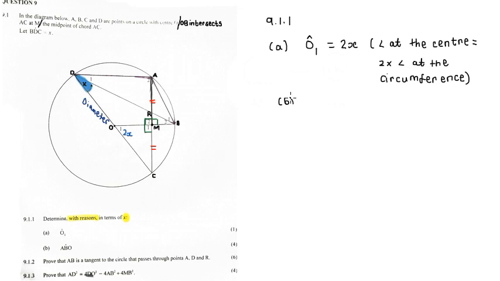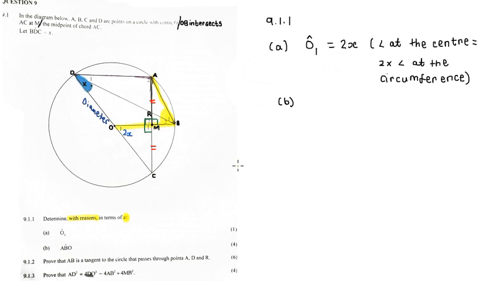9.1.1b, okay, we need to determine with reasons, in terms of x, the angle ABO. Okay, so ABO, let's try to find that. ABO is basically angle B1 plus angle B2.